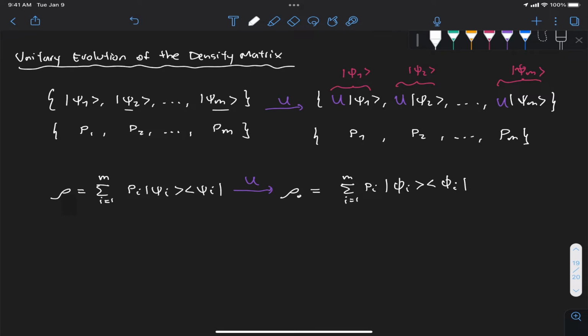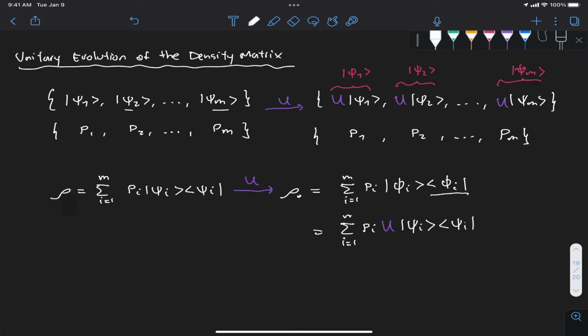Now, if we replace these phi sub i's with what they are, which is just U applied on psi sub i, what we get is p sub i of U acting on psi sub i. And then on this side, what we have is the bra. When we have a ket and we want to turn it into a bra, what we do is turn a column vector into a row vector, and we take the complex conjugate of the elements. And that's exactly what we do here.